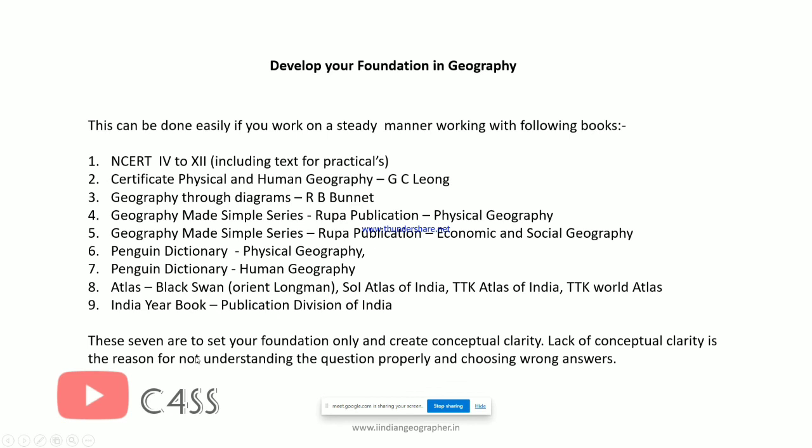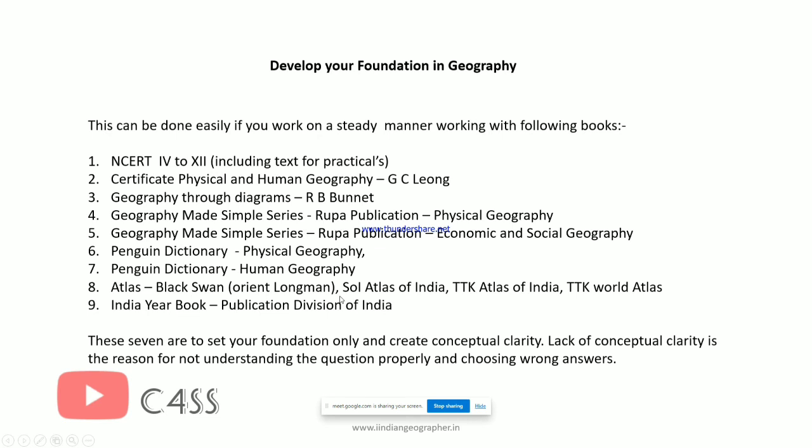It is one of the fantastic materials that you have, and you'll get a lot of things that are required. Now, if you work on these nine things, especially the seven which are meant for developing your foundation, I'll tell you, you can clear any examination in India which has 30 to 40% of questions from geography.